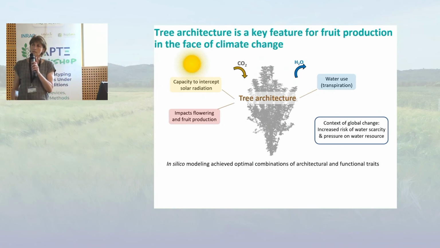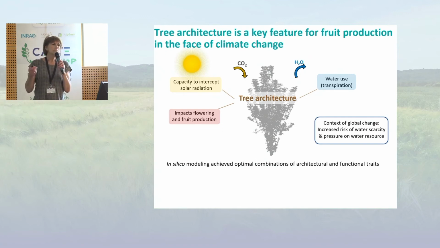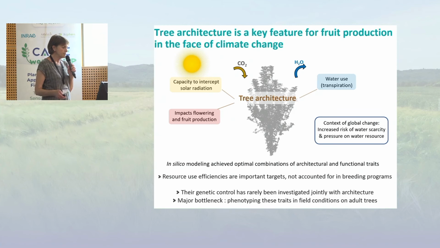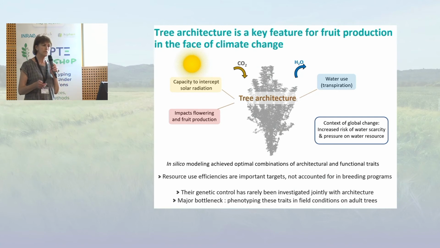We did in the past some in silico modeling to try to figure out how we could combine tree architecture with functioning traits, and how we could achieve a nice ideotype for breeding. But this is quite theoretical, and actually how the traits combine in reality in a collection of diversity was not so well studied.